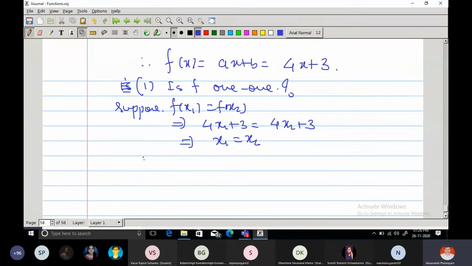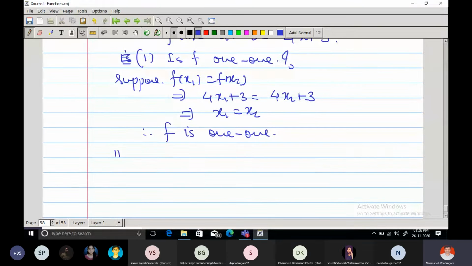Right. Second question: is f onto? Is f onto or not?